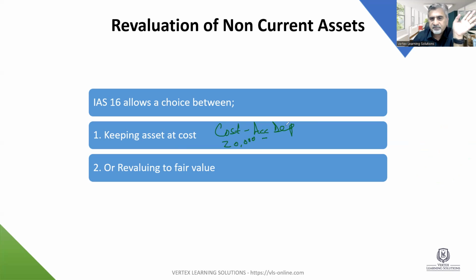I do not match it with the market. Two years have passed, the 2-year depreciation was 6,000, and now the net book value is 14,000. This is one method which IAS 16, for tangible non-current assets, PPE, property, plant and equipment, allows you. Alternatively, they say that you can use another method, which is called the revaluation model.